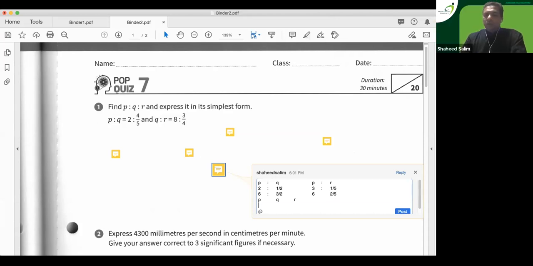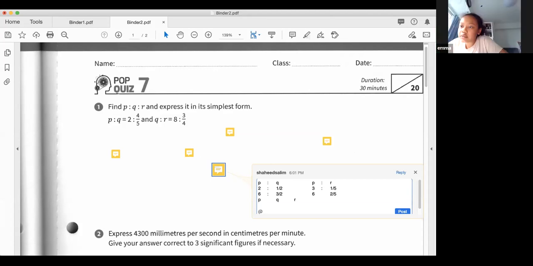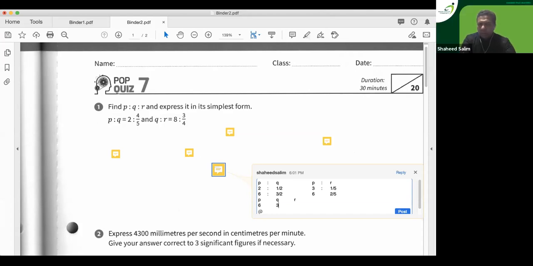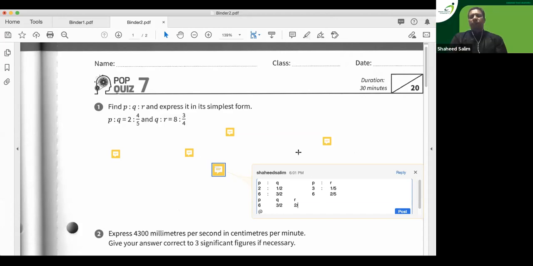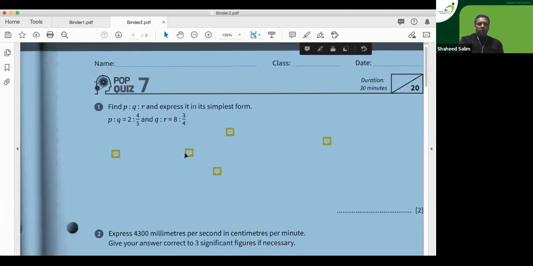Now, P is to Q is to R is what? P 6. Q? 3/2. Good. 2/5. And R? Well done. Congratulations, you have just passed this test.